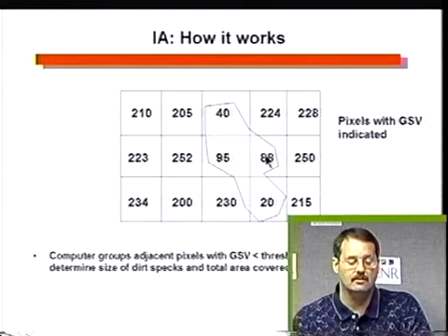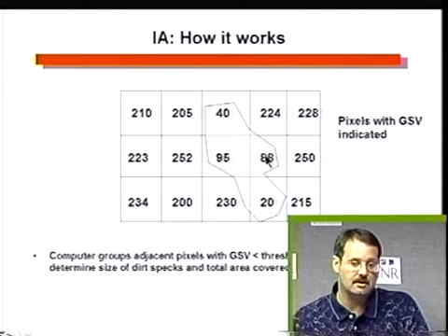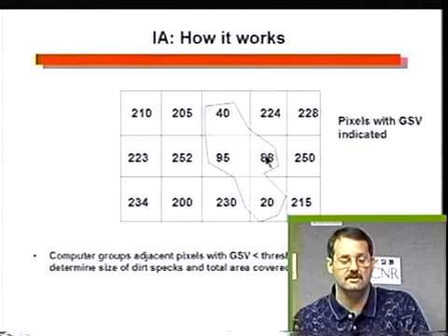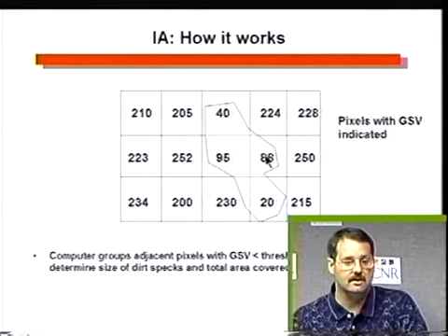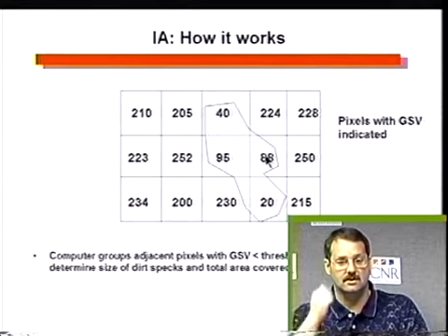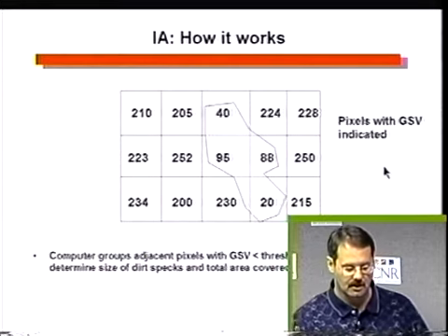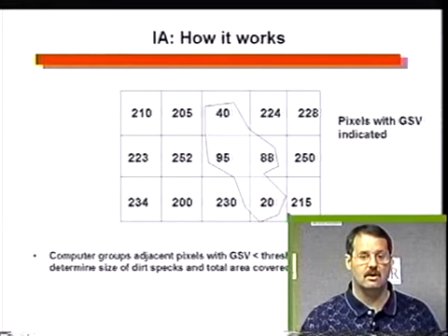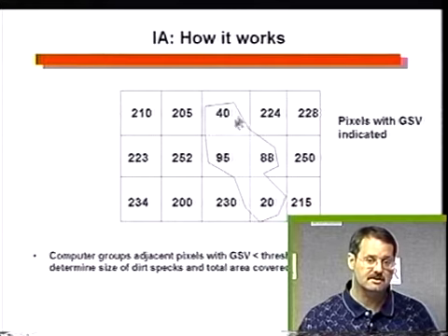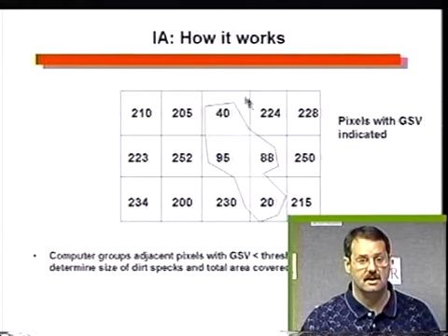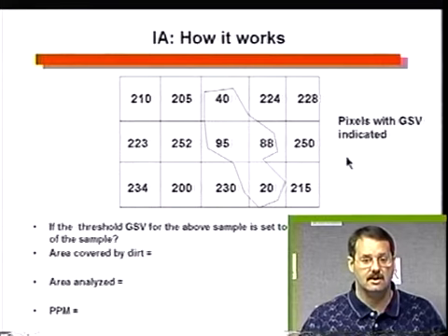Typically 0.04 millimeters squared is what we'd use just as a default, the most basic. Okay? So the computer scans through all our image, picks out these dirt spots, gets us the areas and the sizes and the size distribution. It's very nice.